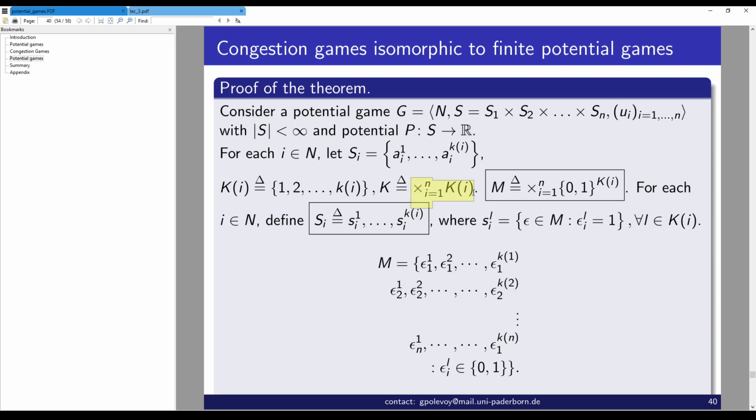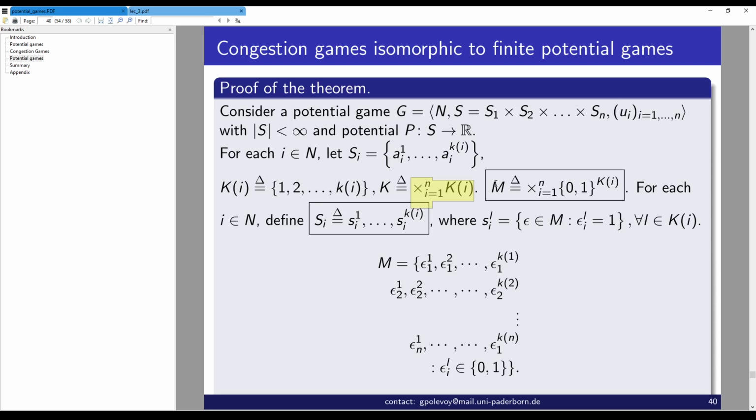Now we need to express this game and its strategies and all that as a congestion game. So we need to define a set of facilities. Let us define the following set of facilities.